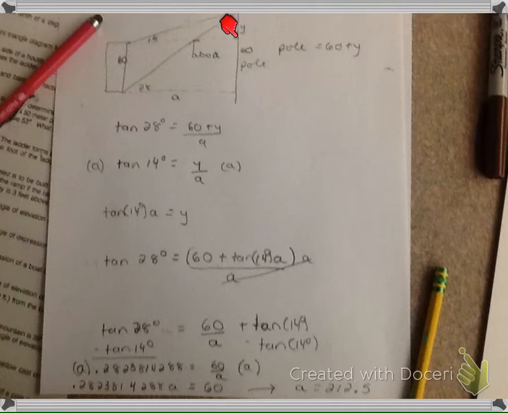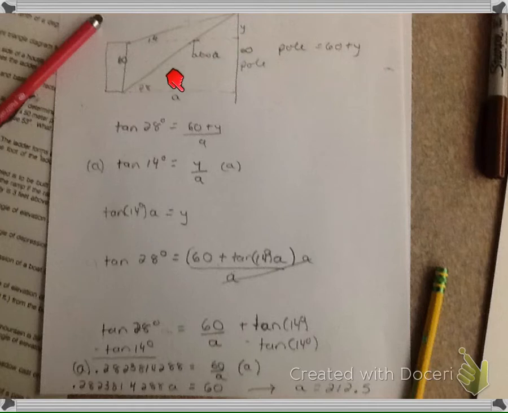So now what I'm seeing is that if I look at this angle right here, I'm trying to find this, which I've labeled as A. I'm trying to find the distance from the building to the pole, and I've labeled that A. So this is the opposite side.